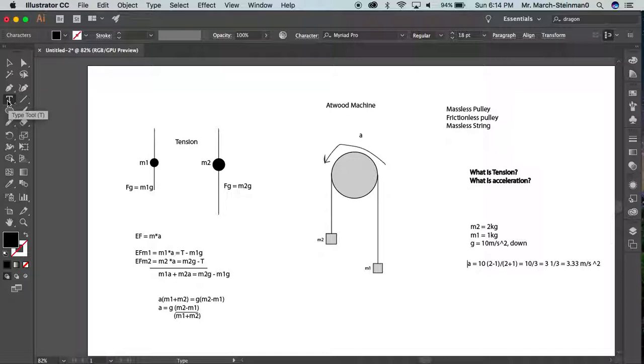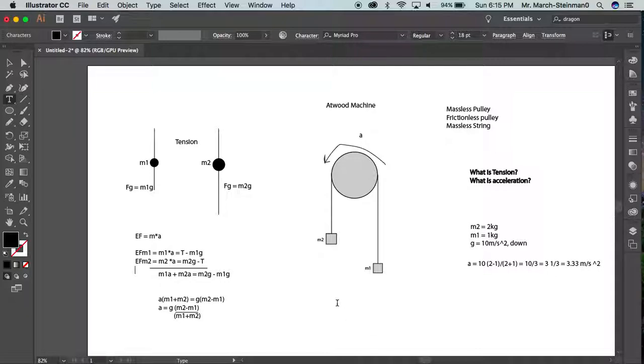Now, what I can do is I can take that 3 1/3 value and plug it into this equation here, let's say, to find the tension.